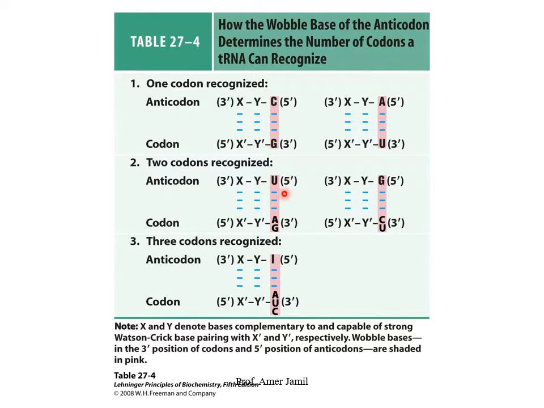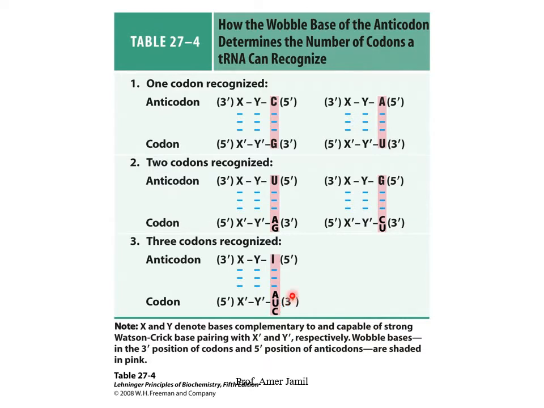For example, if it has uracil in the 5' position, it may recognize either A or G. Similarly, if it has G in the 5' position, it may recognize C or U. And if it has inosine in its 5' position, it may recognize any of these three: A, U, and C.